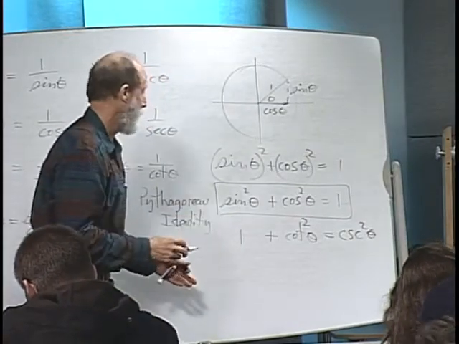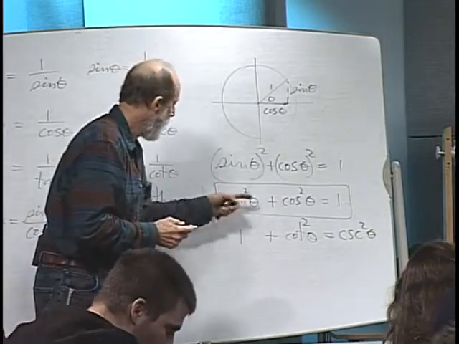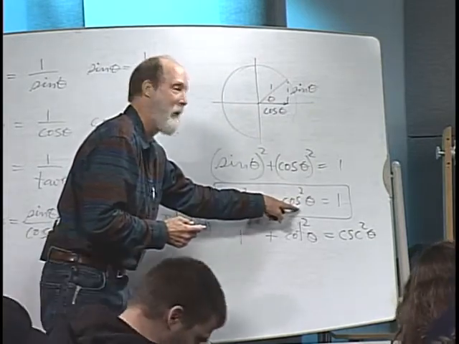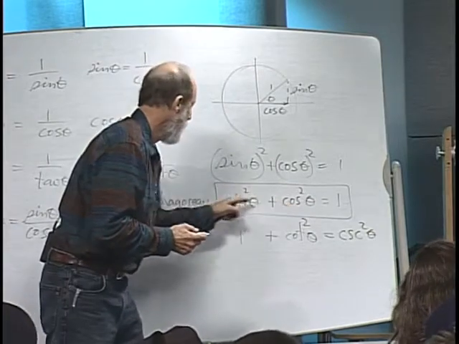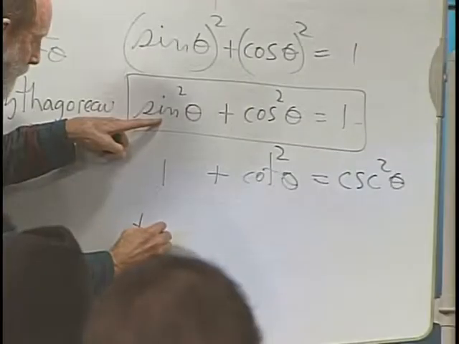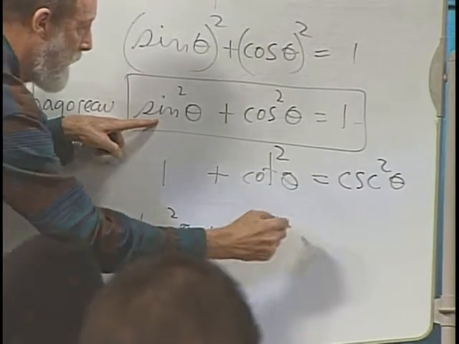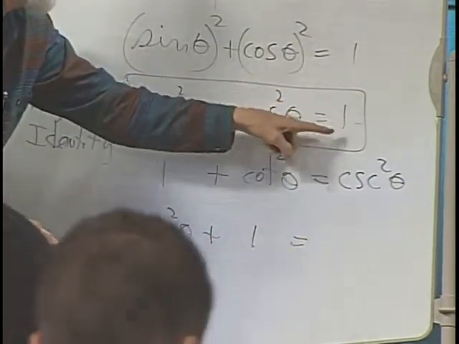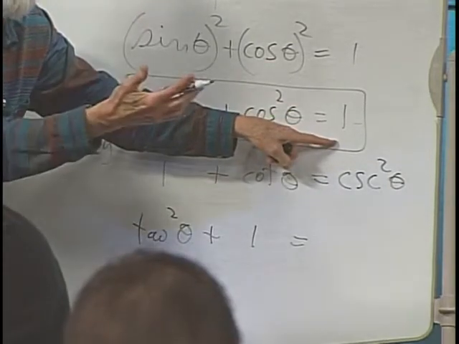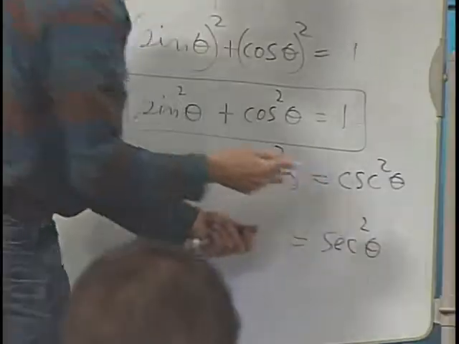Very simple beginning algebra. And finally, to close this, since I'm out of time, what if I divide both sides of the Pythagorean identity by cosine squared? I get tangent squared of the angle plus 1 is equal to 1 over the cosine squared. 1 over cosine is secant, so I get the secant squared of the angle.